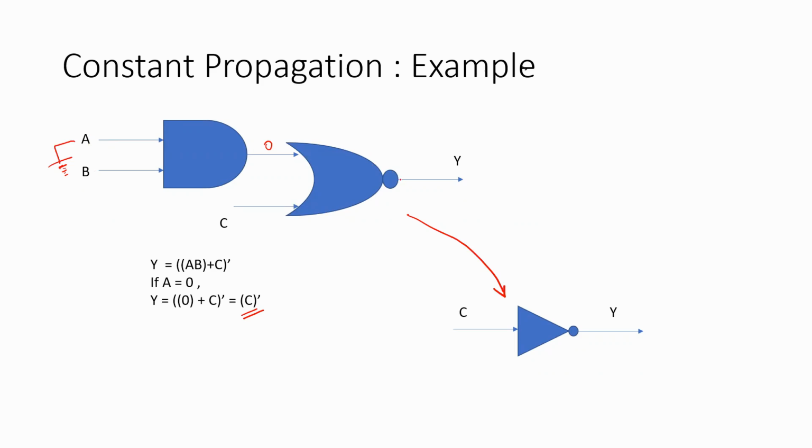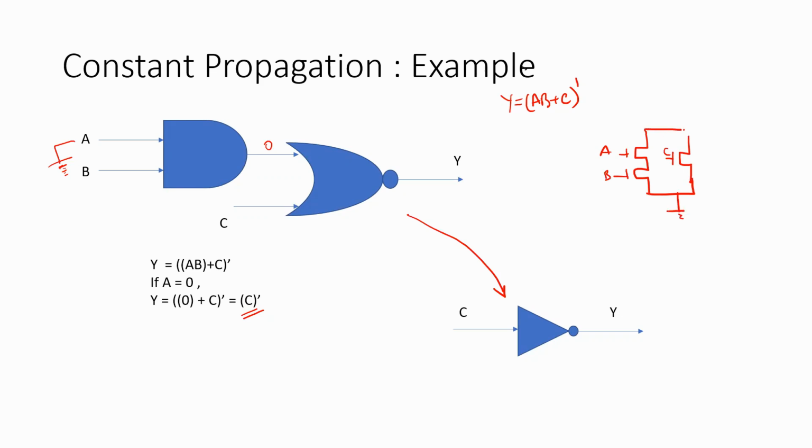Now what advantage does it give? Let's say for example, I want to realize this function Y = (AB + C) the whole bar. Now let us try to realize this in terms of CMOS. This is going to be A, this is going to be B, plus C bar.